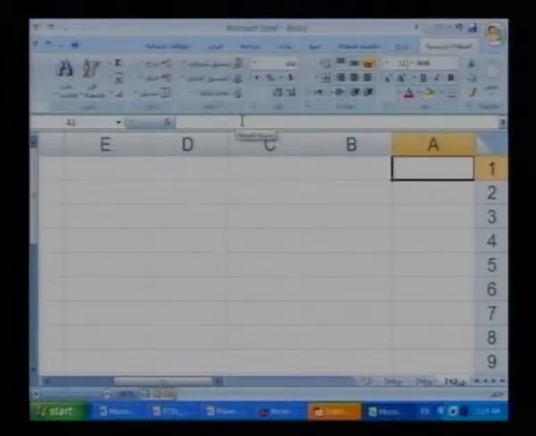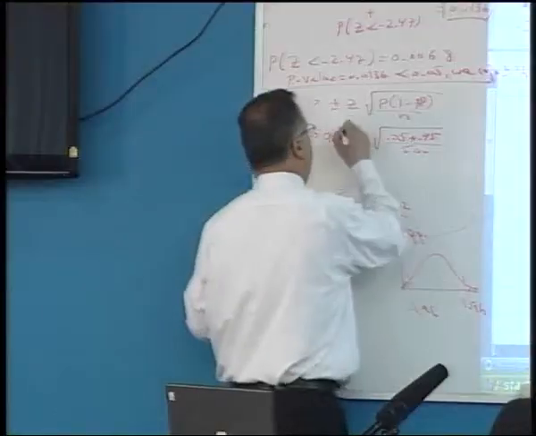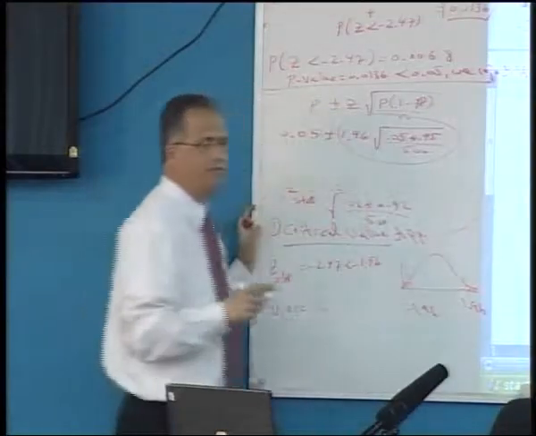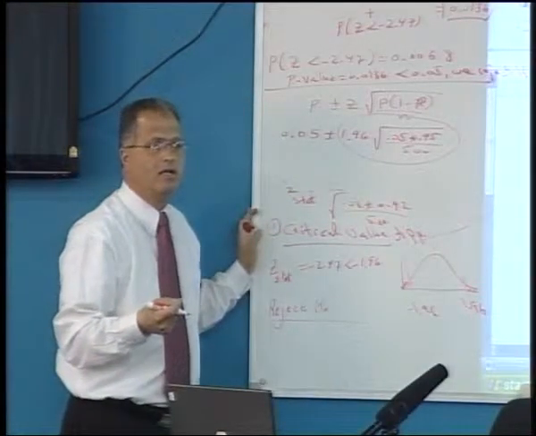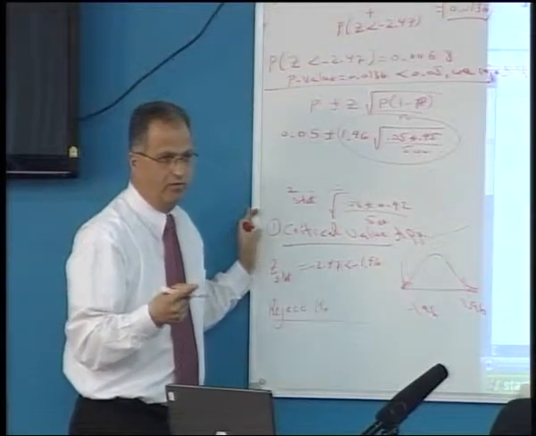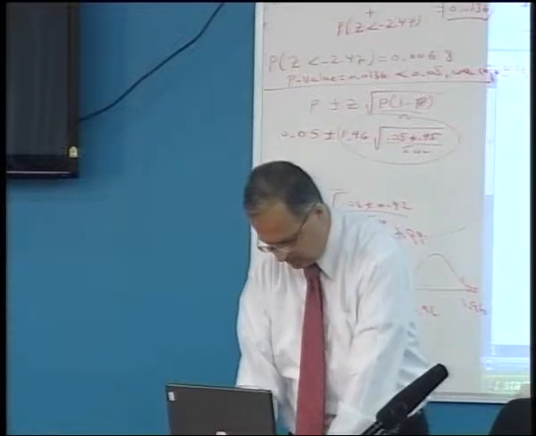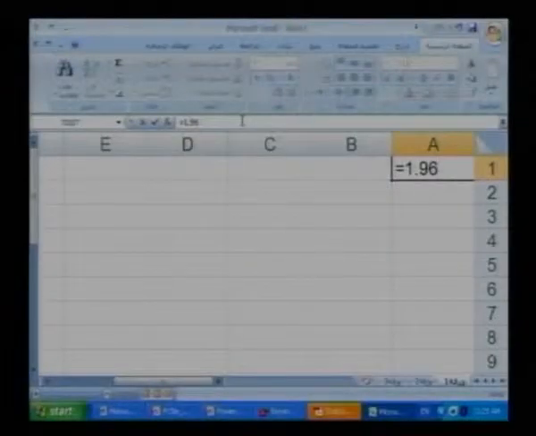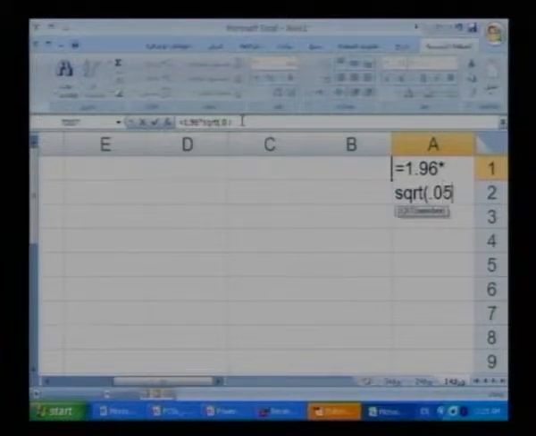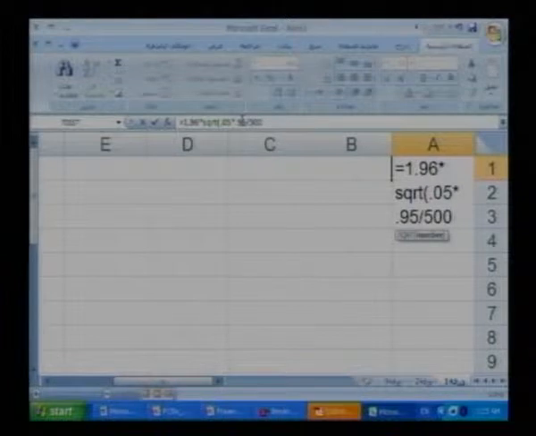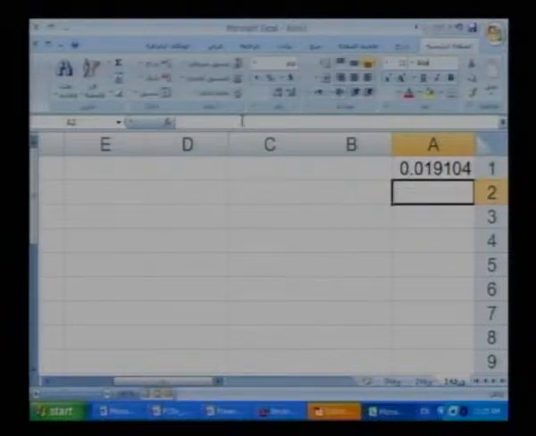This value represents the margin of error, so let's compute the margin of error first. It's 1.96 times the square root of 0.5 times 0.95 divided by 500. So the margin of error is 0.19.